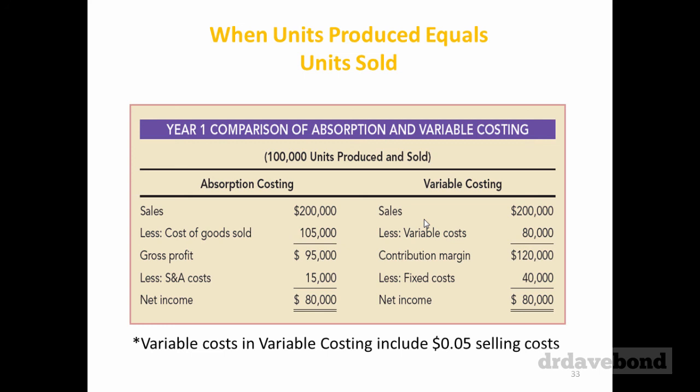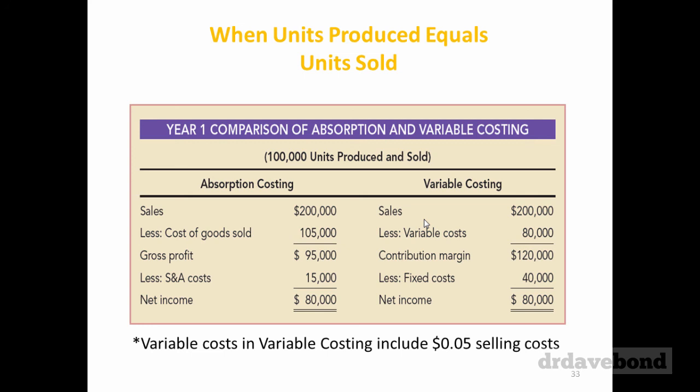So we compare that, and I'll blow it back up to full size in a moment. Sales equals price times quantity equals 2 times 100,000 equals 200,000. Less variable costs equals variable costs per unit times quantity.